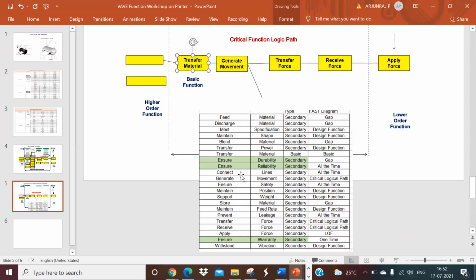Why do I need to transfer my material? To improve efficiency, I can make it as for production, or improve efficiency, because this is the output. Why do I need to transfer my material for production? To improve efficiency or improve productivity.